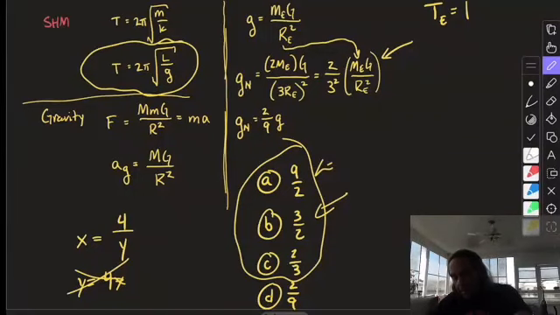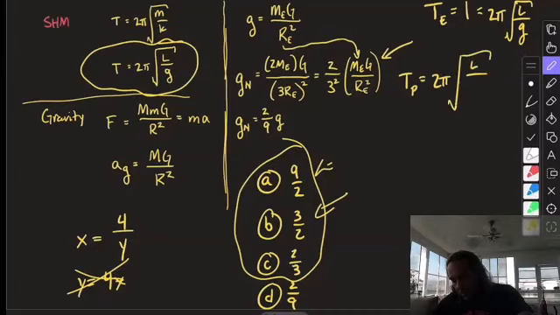We don't know anything about, I mean, we could find stuff out about this pendulum, but that's not really the point of the problem. The point of the problem is to recognize that this equals 2 pi times the root of L over G. We have a new value for G, that's 2/9 G. So T on the new planet is going to be 2 pi times the root of L over 2/9 G.